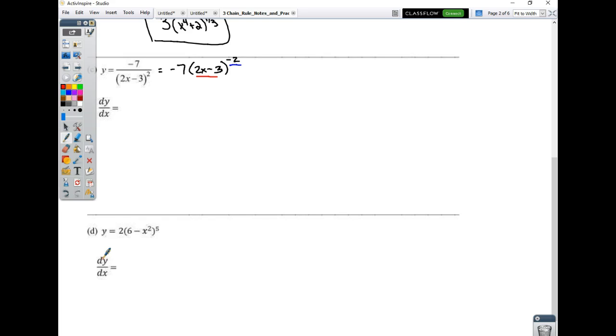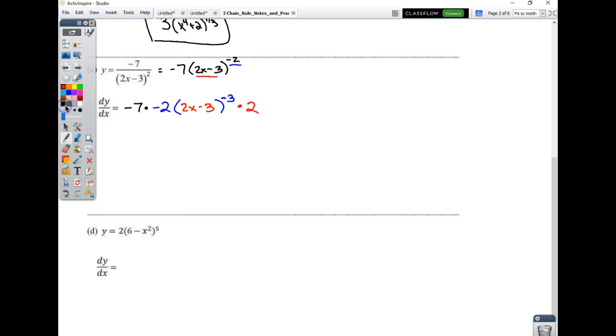So we take the derivative. This turns out to be negative 7 times negative 2 times something to the negative 3. What is that something? 2x minus 3. What's the derivative of that?